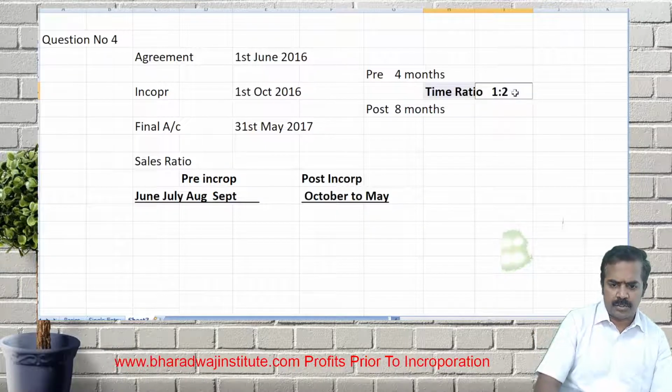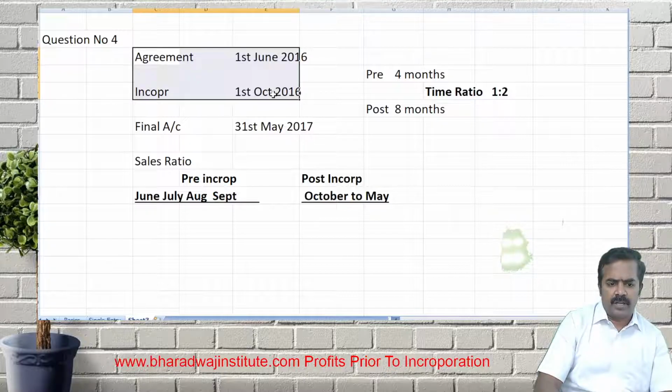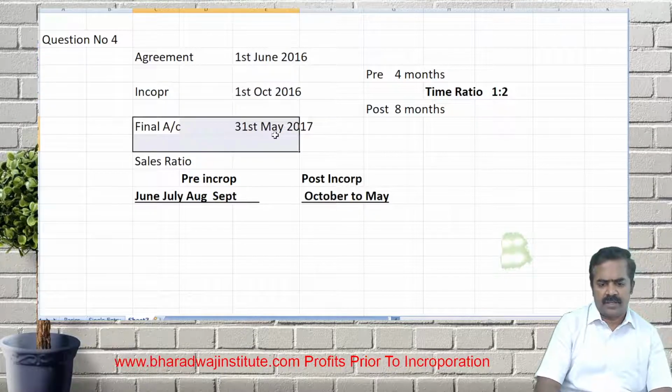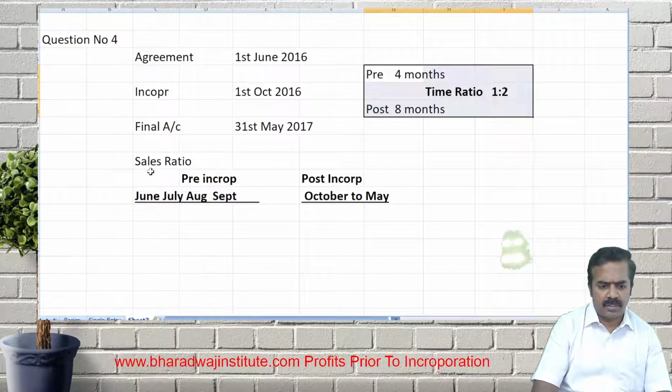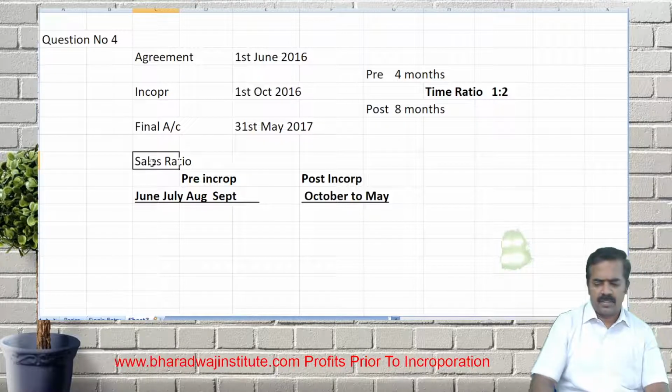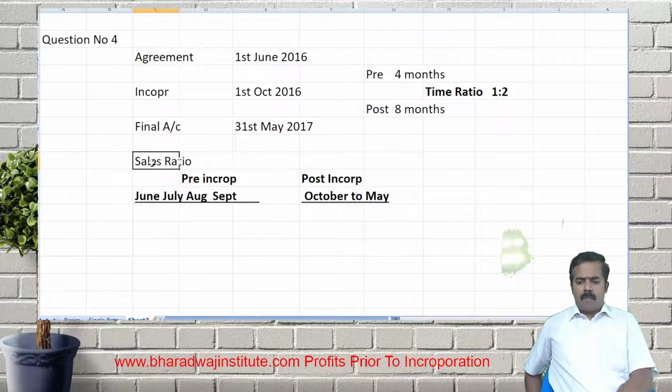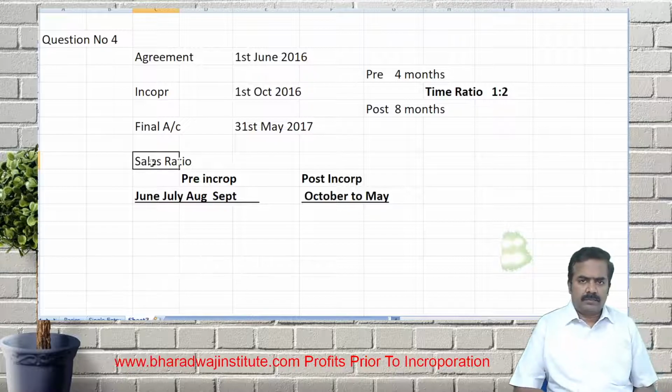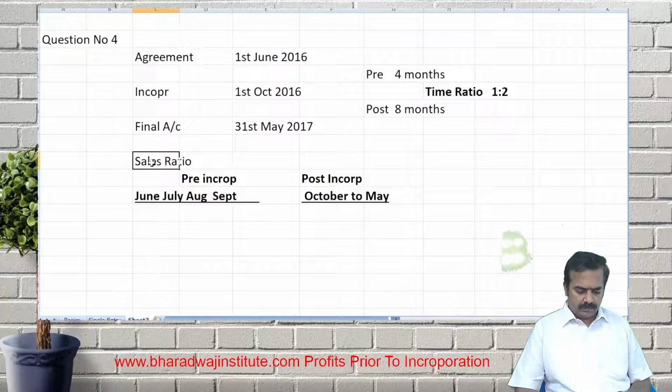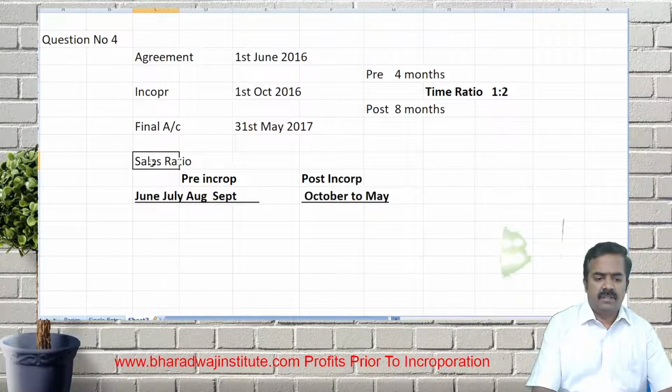Time ratio is 1:2 from the date of agreement to the date of incorporation, then till the date of final accounts. Now try to work out the sales ratio. 1:5, sir, sales. Wait.